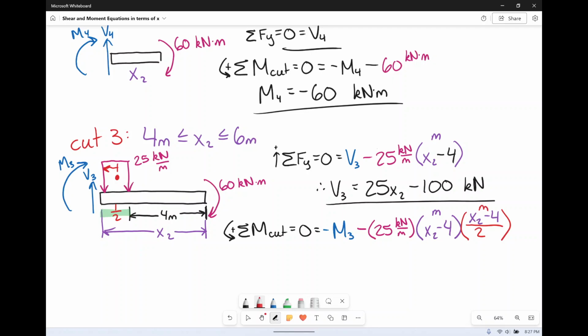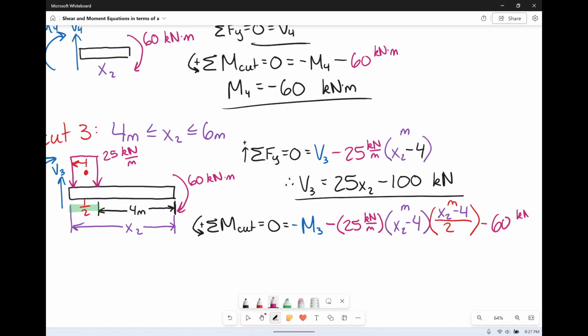Yes, that is in meters. And now you can see how disgusting this just got. And then don't forget, we've also got the 60 over here floating on the end. It's also going in the negative direction. So yay, negative 60. But gloriously, it's actually in kilonewton meters. That's actually kind of cute. So this one is disgusting. There is absolutely nothing nice about this one.